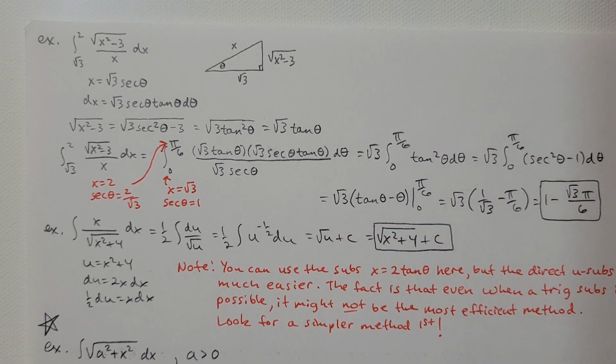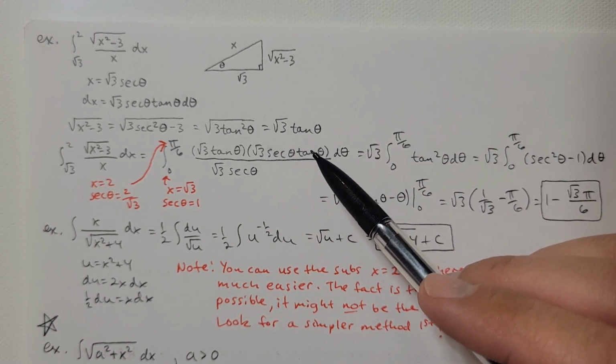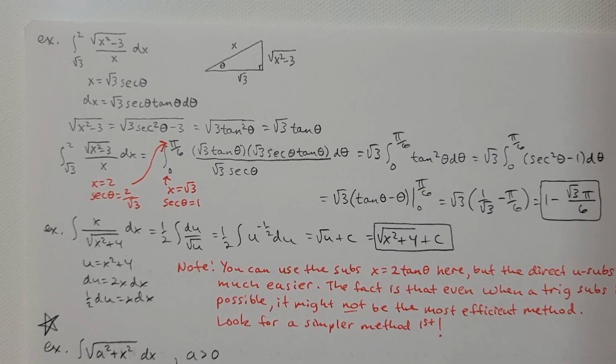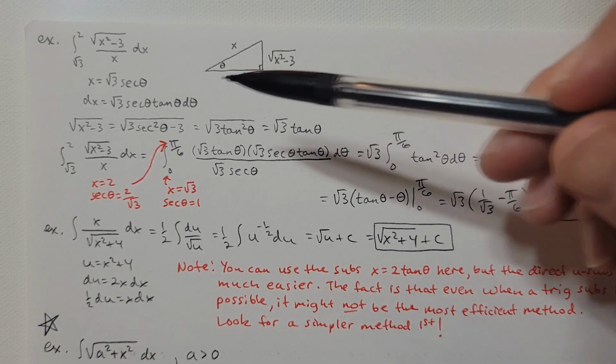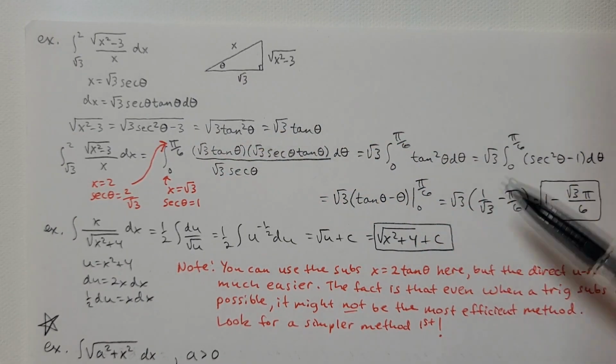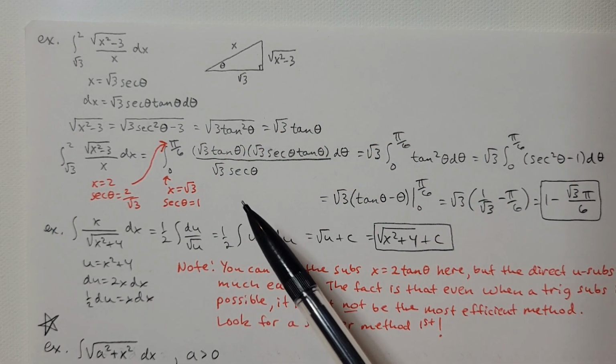Okay, so I got the square root of 3 times tangent squared theta, which is going to give me root 3 times tangent theta. Remember that you don't need to worry about absolute value bars for anything that we're doing here, because of the conditions on theta.